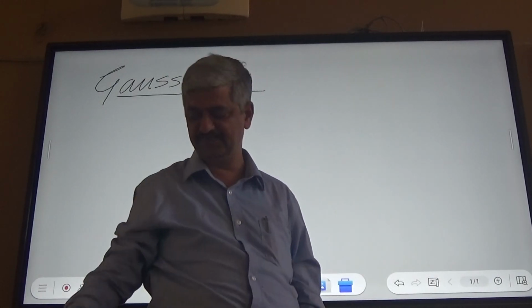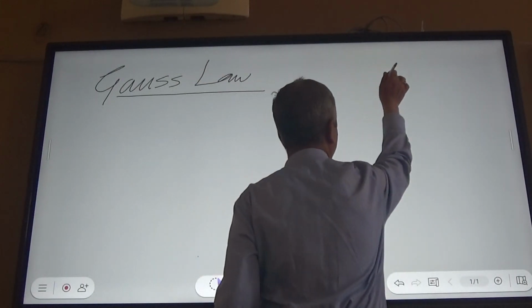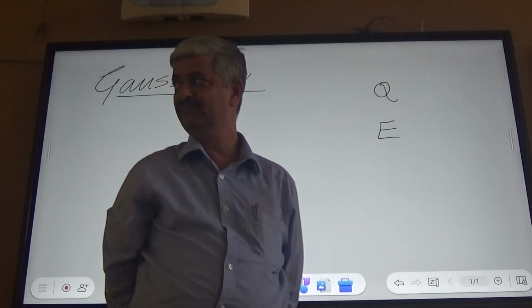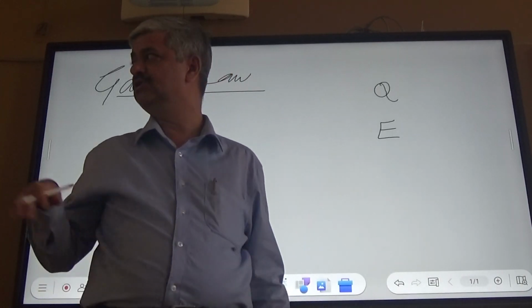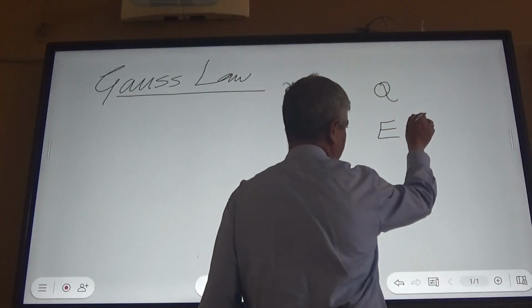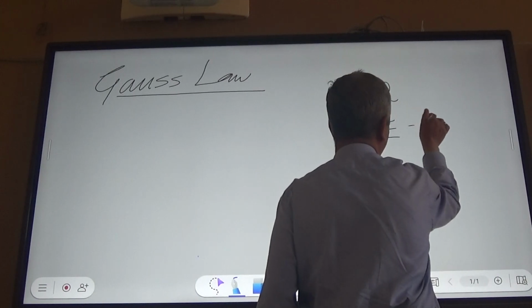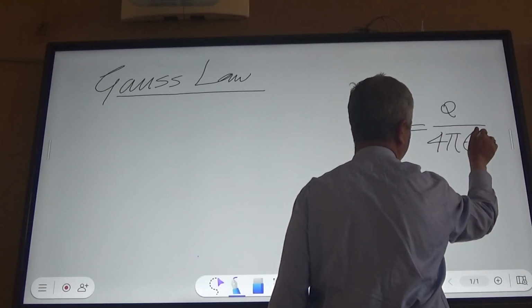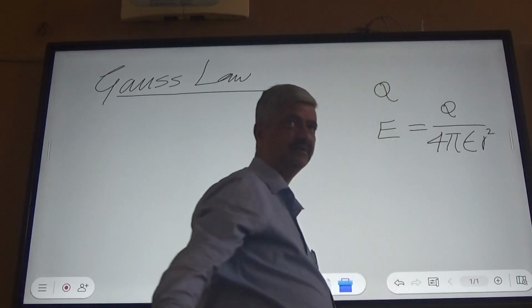We are well aware of the terminologies. Number one, electric charge Q, and then electric field E. Because of this, electric field E includes Q upon 4 pi epsilon r square.